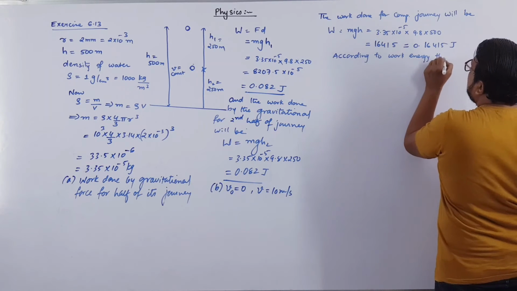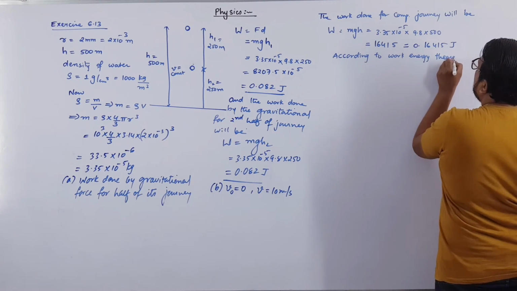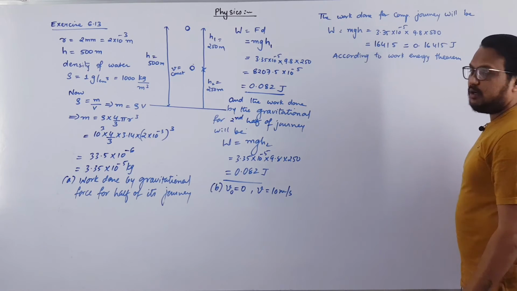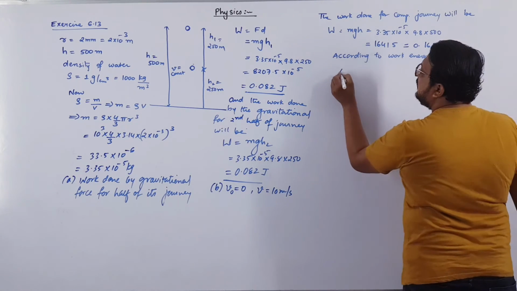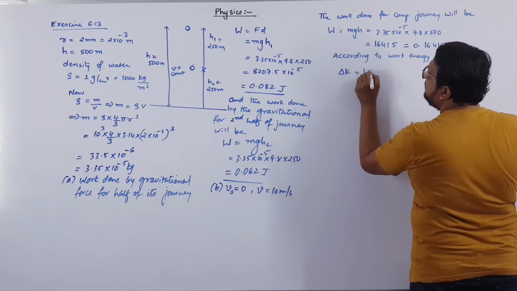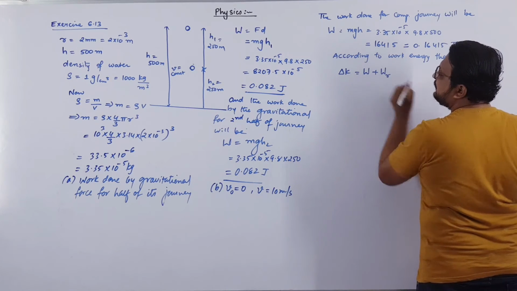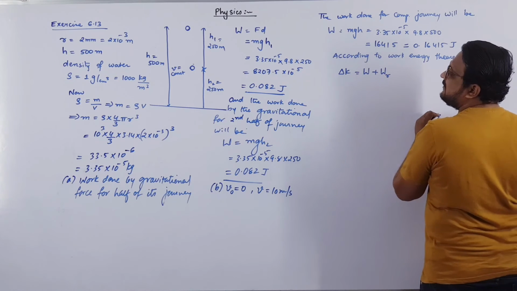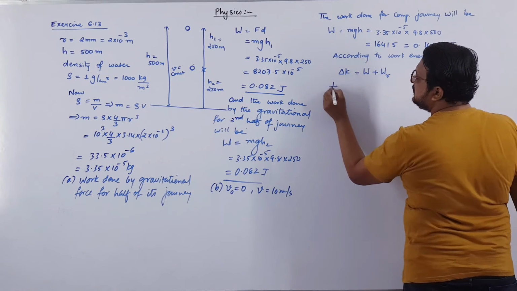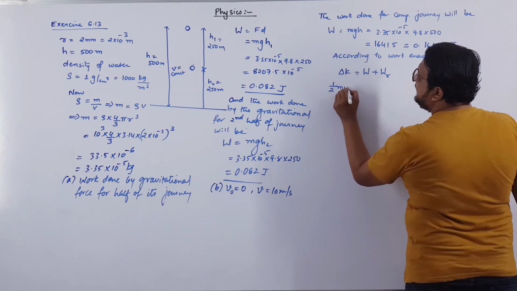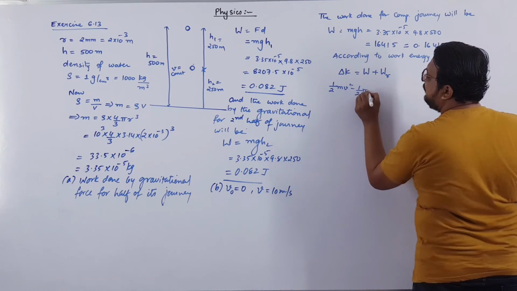According to the work energy theorem, which we have already discussed and solved in the same example, example 6.2: change in kinetic energy is work done by the gravitational force plus work done by the resistive force. This is half mv square minus half mv naught square.